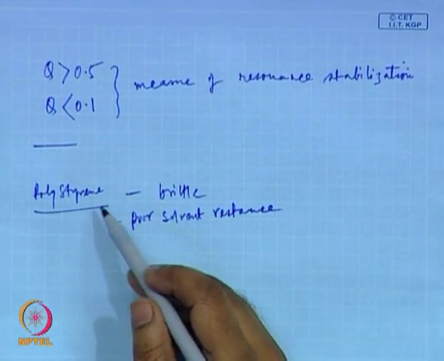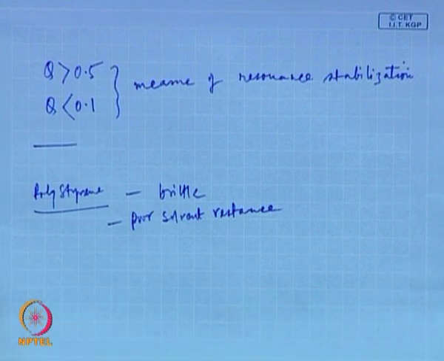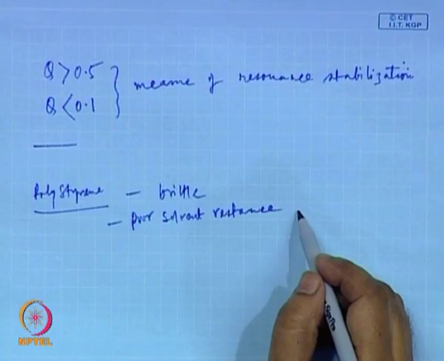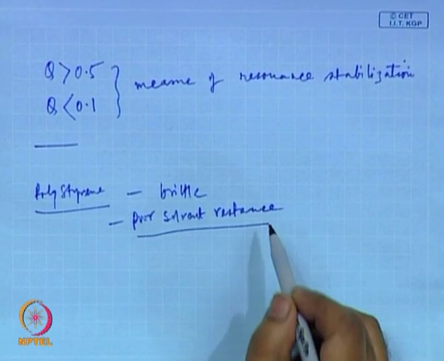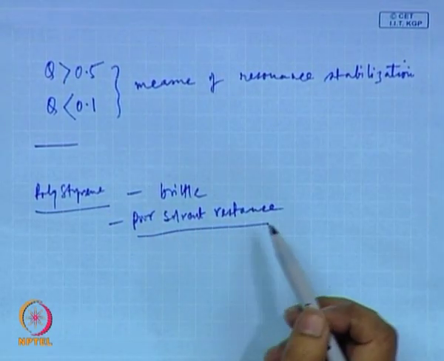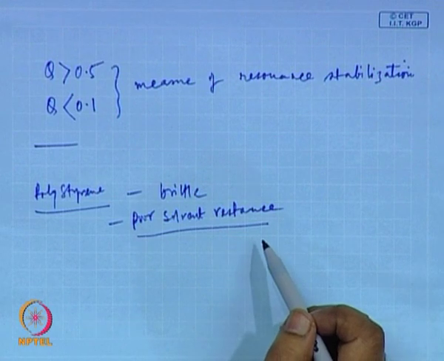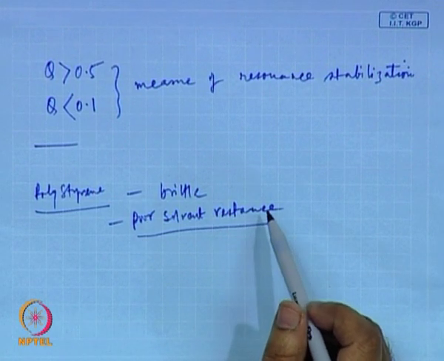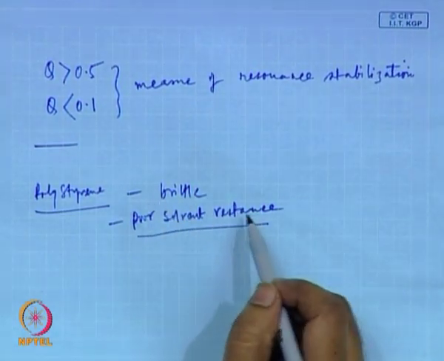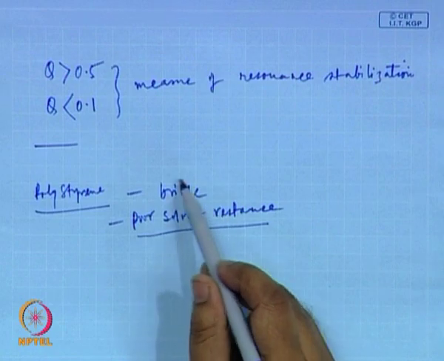So, to improve this, styrene is copolymerized with acrylonitrile, where the amount of acrylonitrile is limited to 10 to 40%, by which the solvent resistance of styrene is improved. So, this copolymer has much improved solvent resistance compared to polystyrene, but acrylonitrile is also brittle.